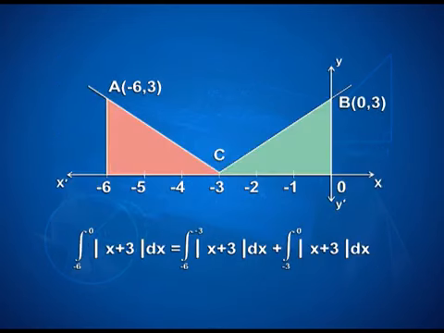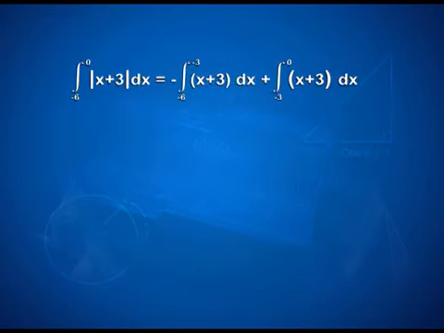We can see in the figure a coordinate is minus 6 comma 3 and b is 0 comma 3 and therefore, the required integral minus 6 to 0 modulus of x plus 3 dx can be calculated as integral minus 6 to minus 3 modulus of x plus 3 dx plus integral of minus 3 to 0 modulus of x plus 3 into dx.